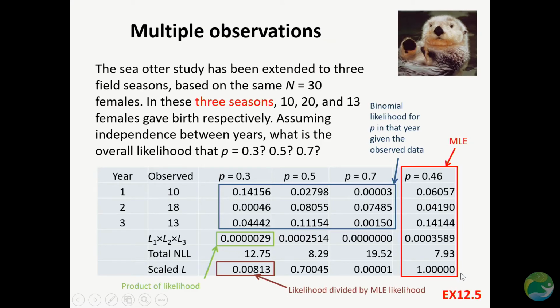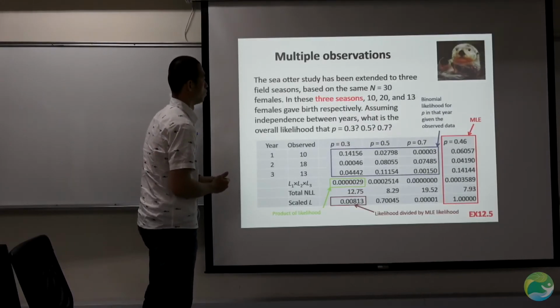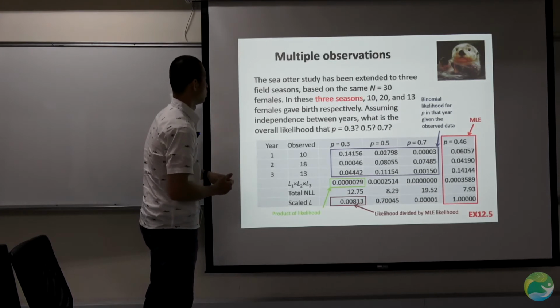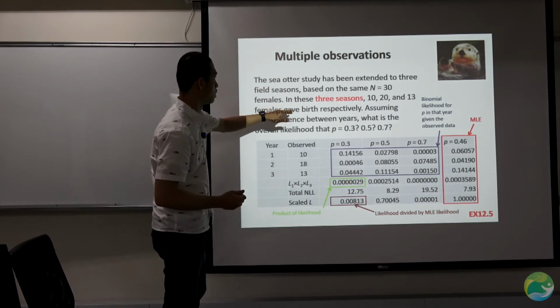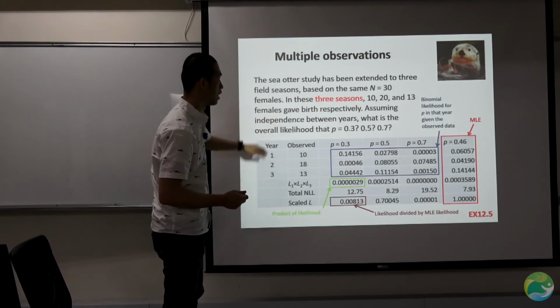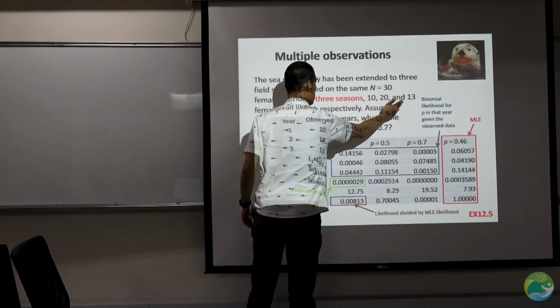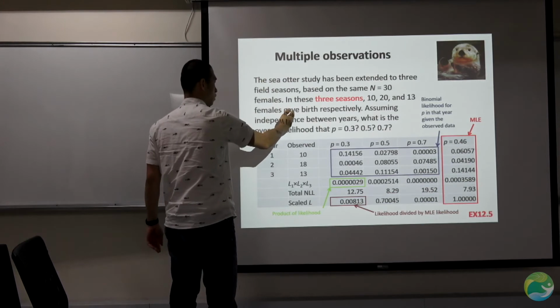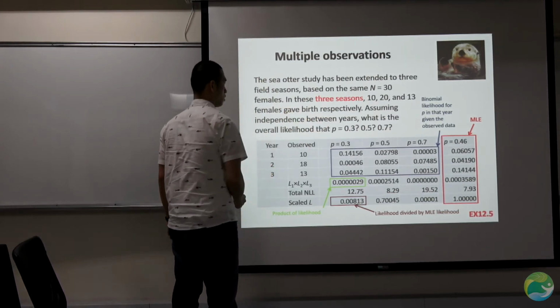So let's see the second case, multiple observations. The sea otter study has been extended to 3 field seasons, with the same sample size for each season. In these 3 seasons, the new data is 10, 20, and 30 females giving birth respectively.